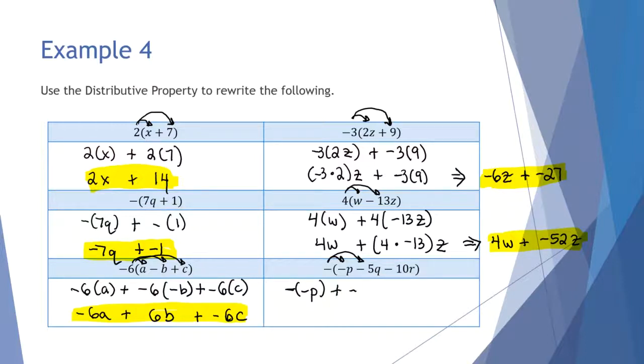Then I have my negative sign, and then that's going to be a negative 5q. So that minus sign goes with the 5q. Now I have to write a plus sign. Then I take that negative and I need to multiply it by that minus 10r. So I'm going to put my negative sign, and then that minus sign has to get attached to the 10r.